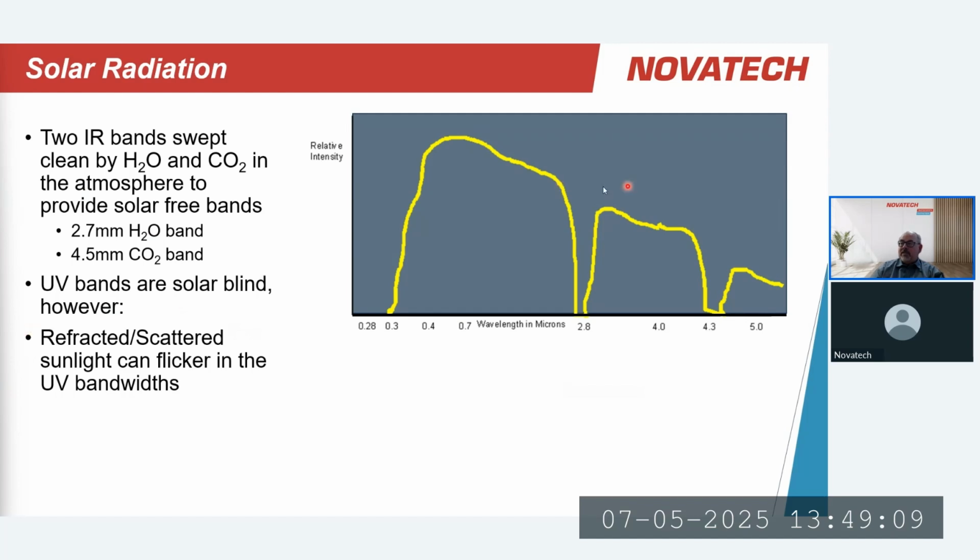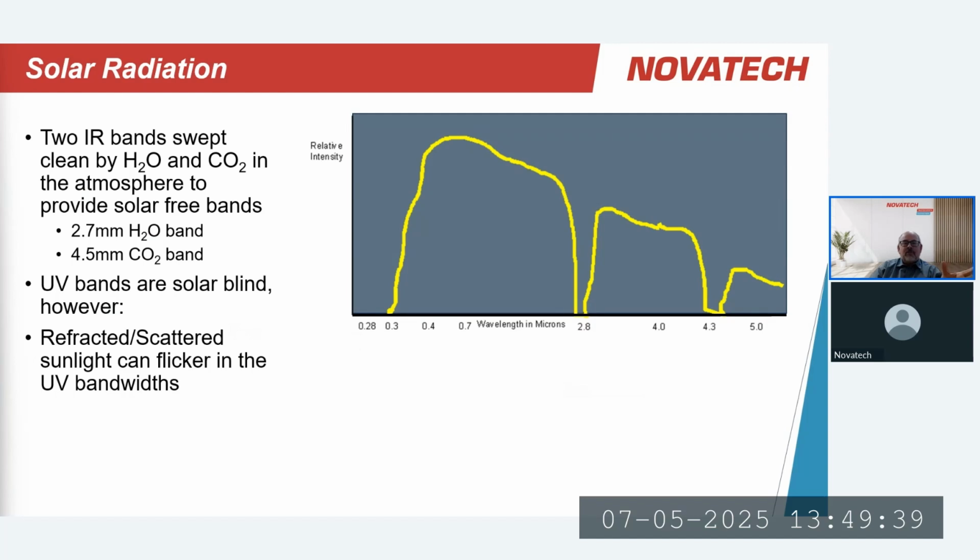So we get these big dips in the infrared spectrum where water vapor at 2.7 and carbon dioxide exist. So then if I have a fire that's generating water vapor and carbon dioxide and it's a hot body, it will actually generate emissions at these wavelengths, and I can use that information. There's also stuff that happens in the UV region.